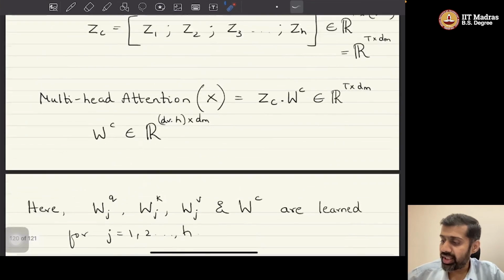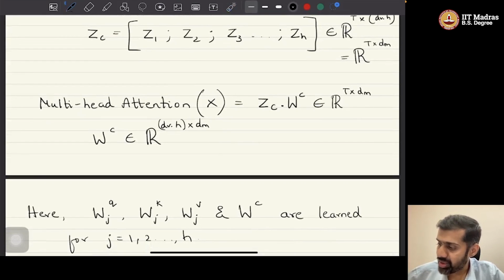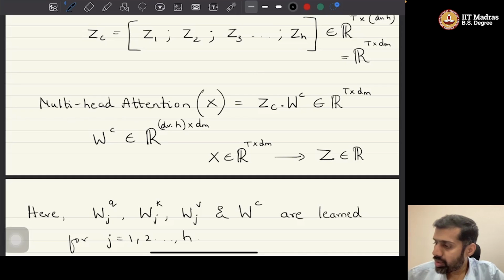So note that multi-head attention also does the same thing, right? It starts from X, that is in R T cross dm, and projects it onto Z, that is again in R T cross dm. We are doing the same thing as in the case of single head attention, but instead of using one query, key, value matrices, we split the data dimension into H subparts, and for each subpart you learn the attention separately and concatenate them all using another projection matrix called WC.